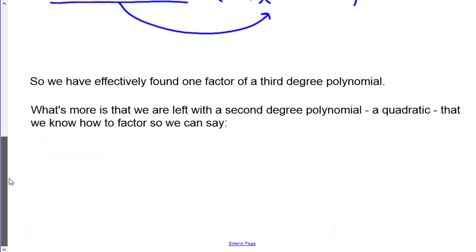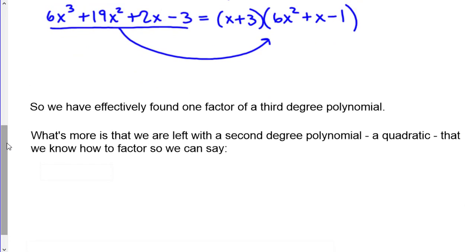What's more than that is we're now just left with a second degree polynomial, which is a quadratic, that we know how to factor. So we can say, all right, 6x squared plus x minus 1. Well, let's see if we can factor that. Well, 6 has two possibilities, but for 1, 1 and 1 are the only options. 6 could be 1 and 6 or 2 and 3.